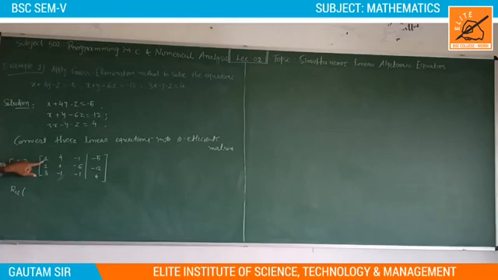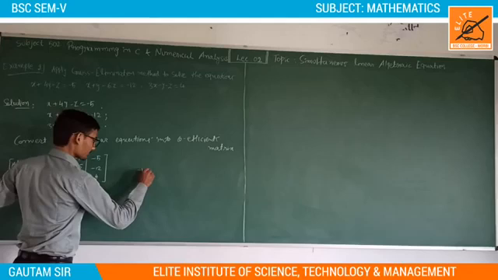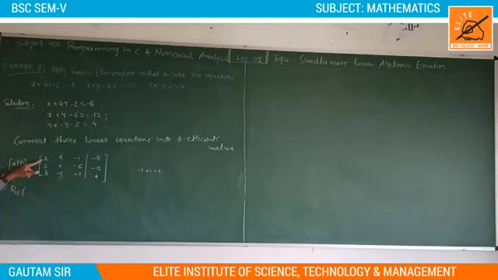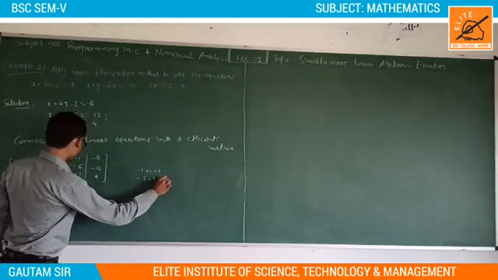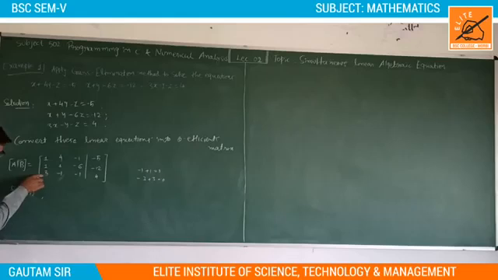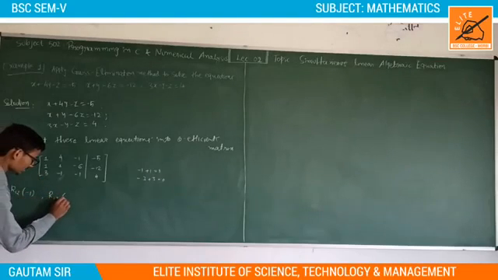If we multiply the first row by minus 1 and add it to the second row, minus 1 plus 1 is equal to 0. Similarly, our second operation is to multiply the first row by minus 3, so 1 into minus 3 is minus 3, and add to the third row, so plus 3 minus 3 is equal to 0. So R2 becomes R2 minus R1 and R3 becomes R3 minus 3 R1.